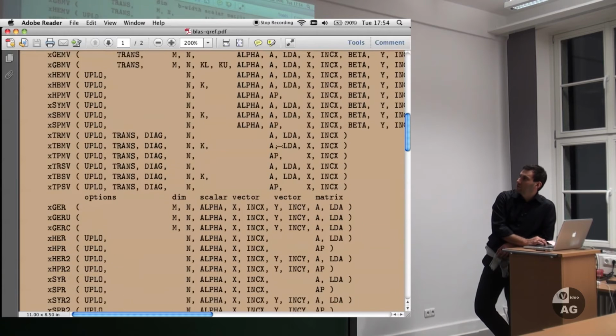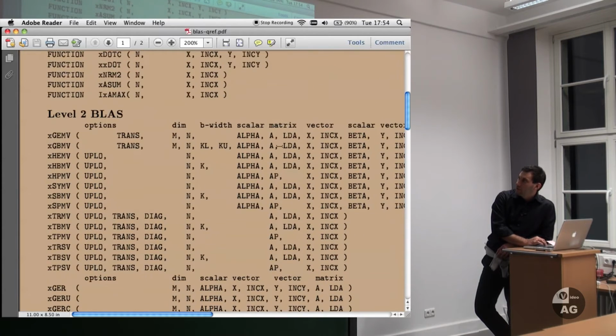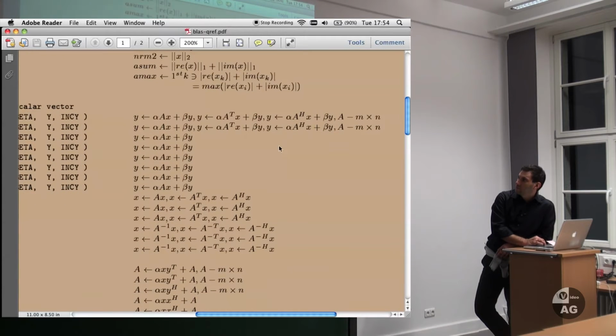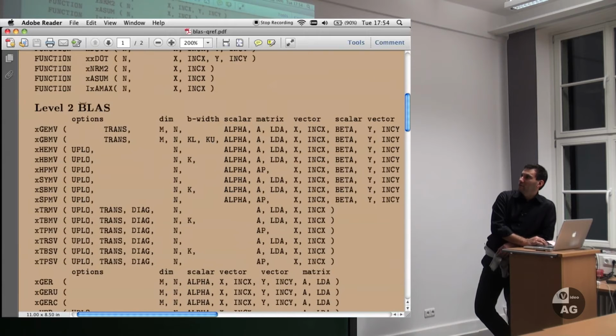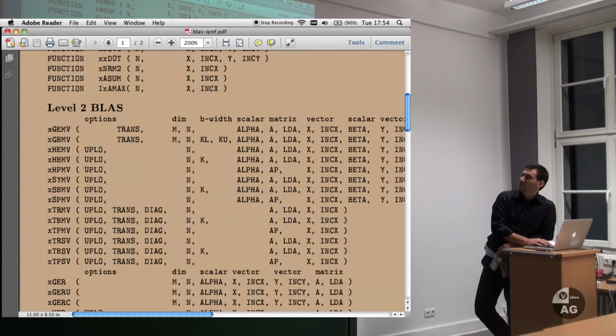I wanted to say something else. You see that there are multiple operations associated to one name, one same function. For instance, GEMV, which is matrix vector multiplication, means general matrix vector multiplication. What does general mean as opposed to triangular matrix vector multiplication or symmetric matrix vector multiplication?